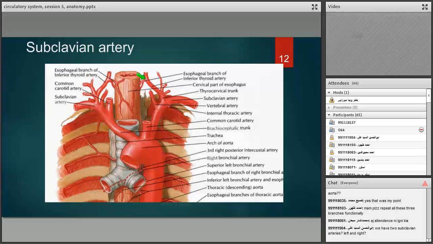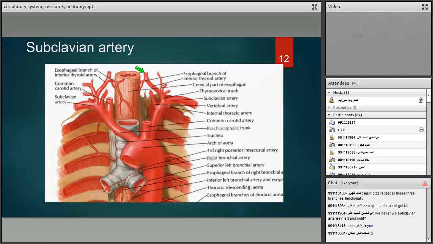Yes, we have all these arteries in both sides, right and left. So, the other branch of the subclavian artery is the thyrocervical trunk, which is sending branches to the thyroid gland and also to the neck.